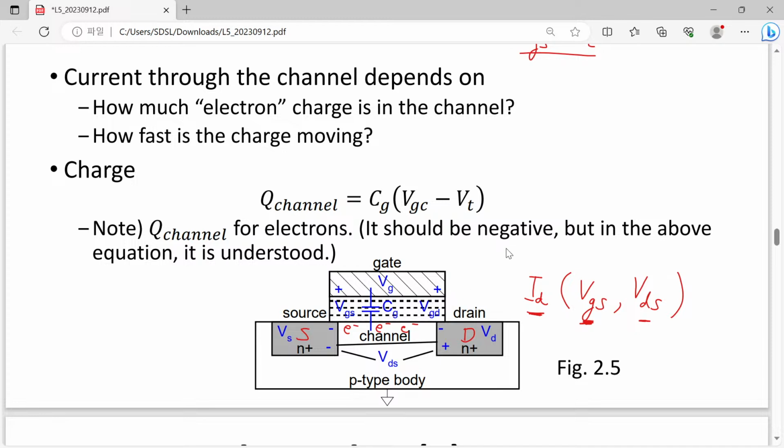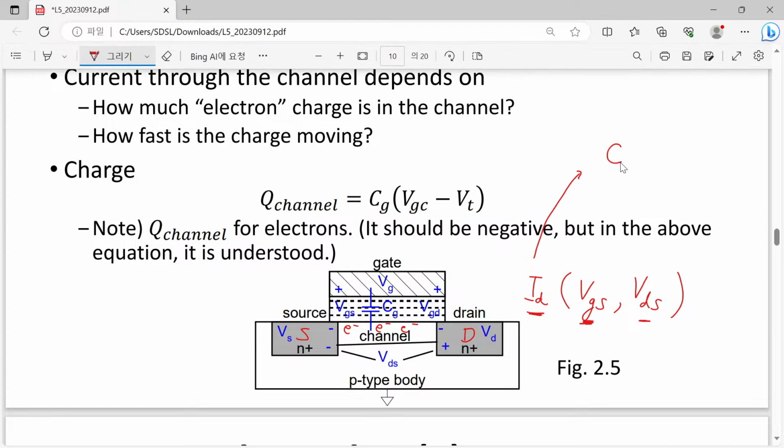So our goal is to calculate current. This current is given by two factors. It is proportional to the number of charge carriers and the speed of carriers.